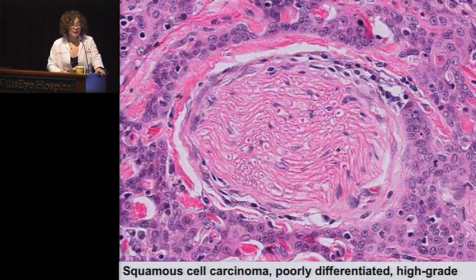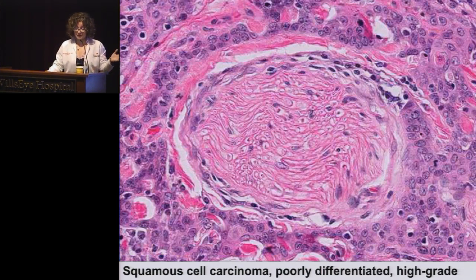So just like anywhere else, prognostic features of this are size, extent of invasion, perineural invasion. Here we can see squamous cell cancer that's wrapping around the nerve. And that's how eyelid squamous cell cancers can locally recur, invade really, really deep into the orbit, and potentially into the brain. So local recurrence with deep invasion can be a feature of these.